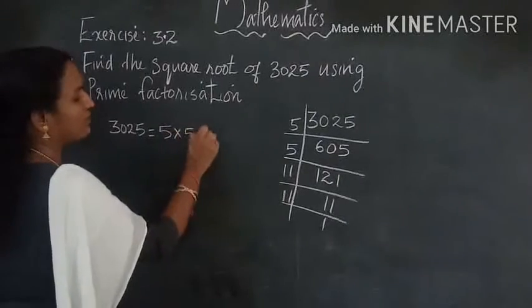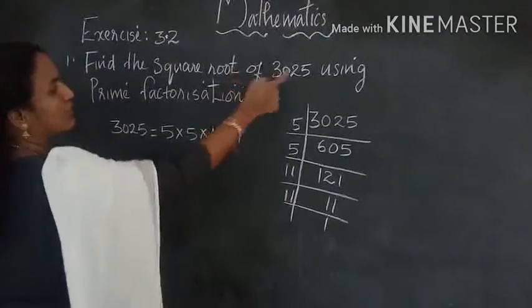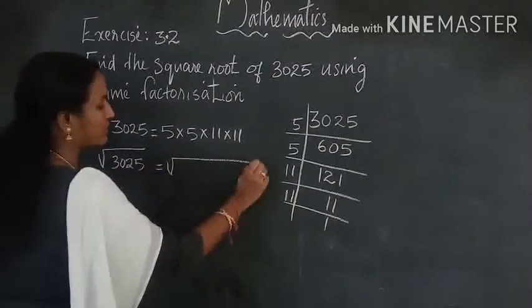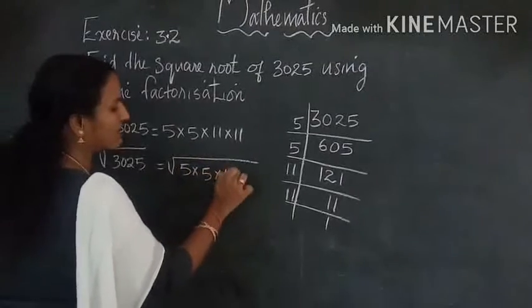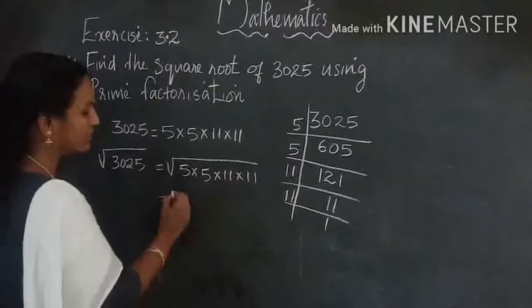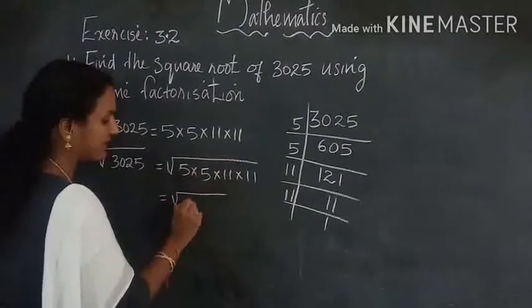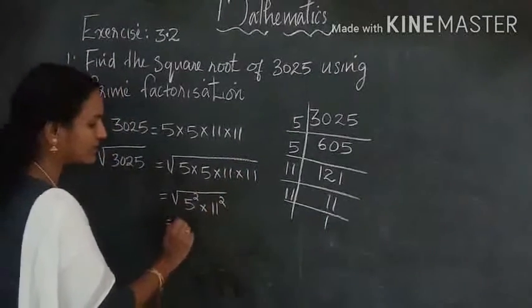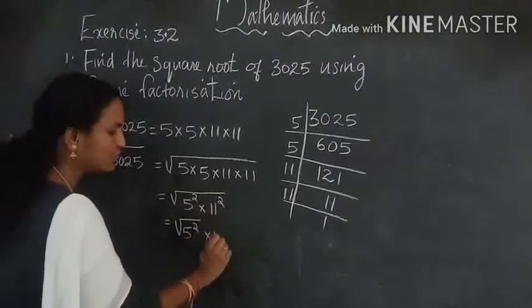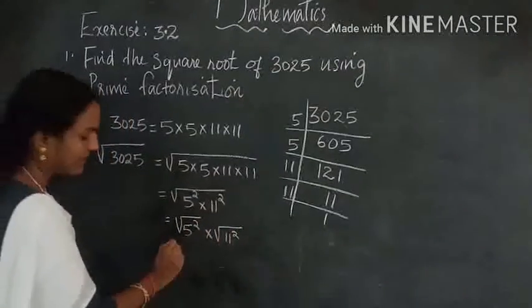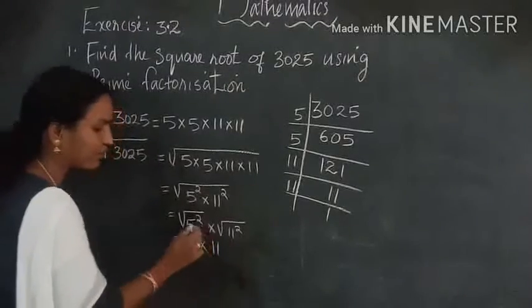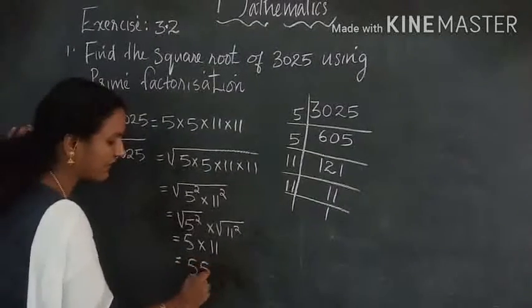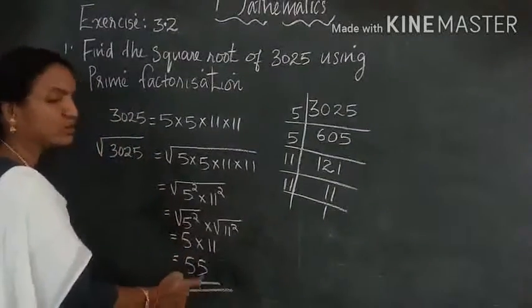Square root of 3025 is equal to root of 5 into 5 into 11 into 11, which is root of 5 square into 11 square, equal to root 5 square into root 11 square, equal to 5 into 11. Root 5 square is 5. Root 11 square is 11. 5 into 11 is 55. Square root of 3025 is equal to 55.